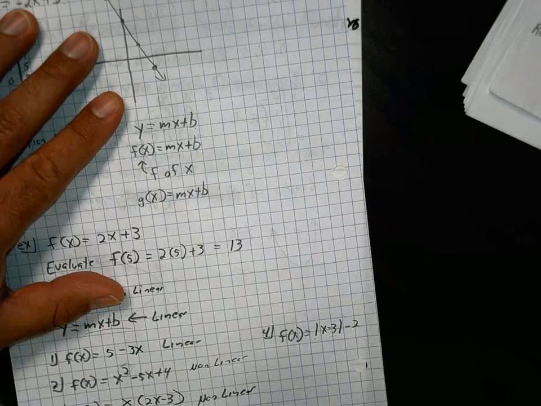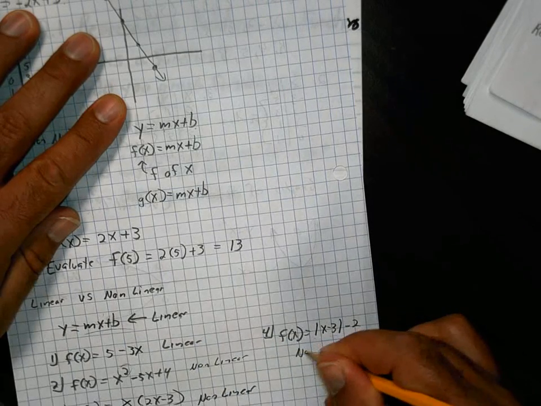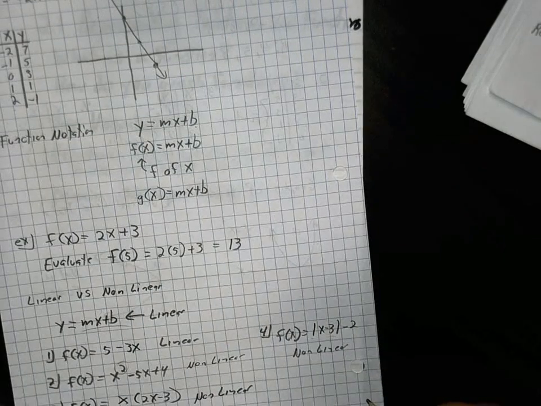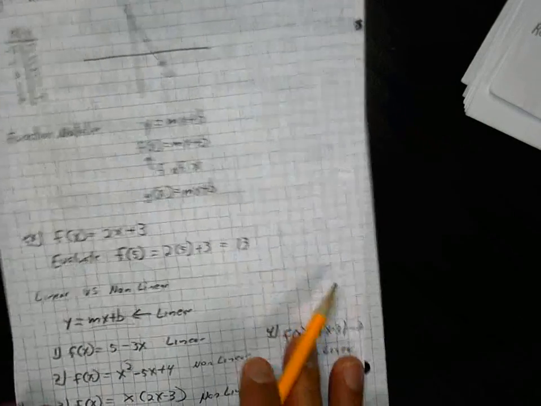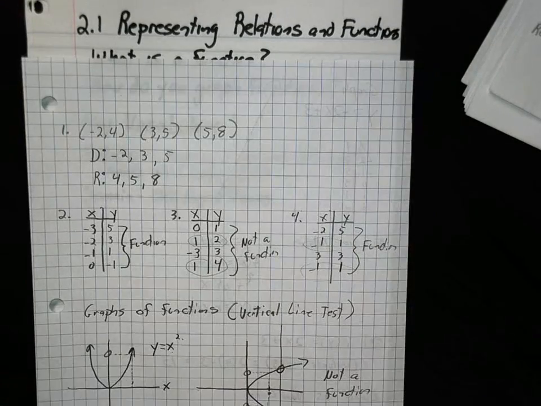Okay, because of the absolute value, we cannot put this in slope-intercept form. It's nonlinear. Even if I had a cube term or a fourth power term, that would automatically make it nonlinear. Okay, so this concludes section 2.1 on function notation, representing relations and functions.